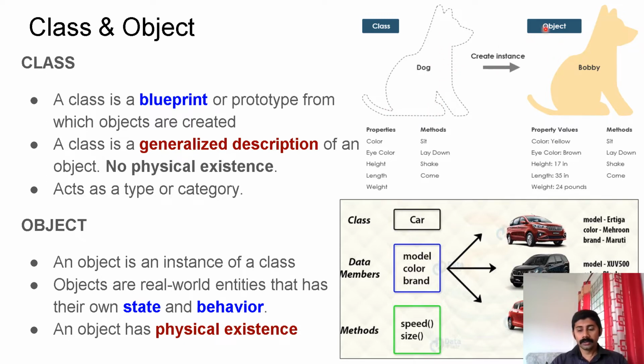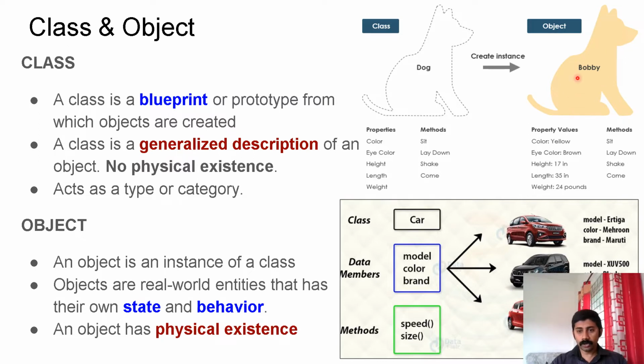Now, we have an object Bobby. Bobby is a specific dog of this generalized description type, and Bobby is a physically existing dog. We are talking about a particular dog that is nothing but the instance of the class dog.